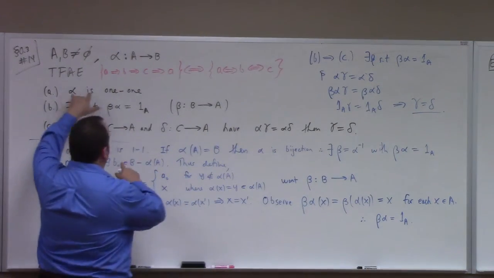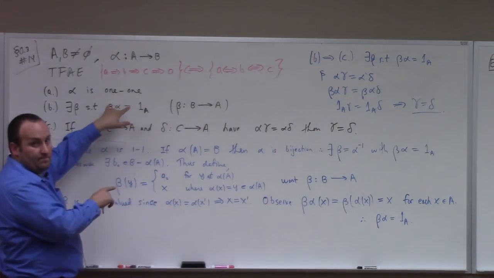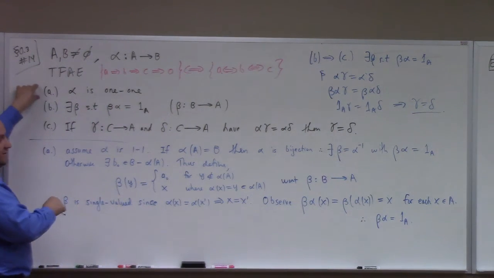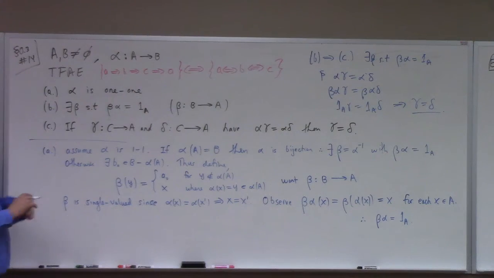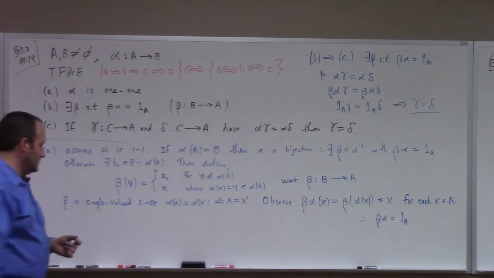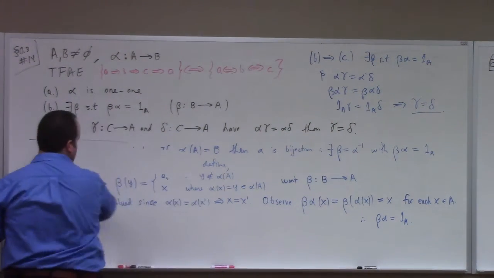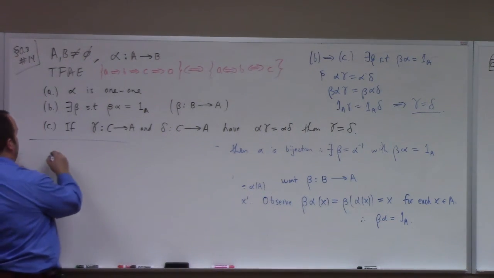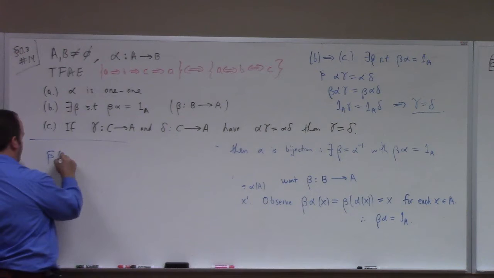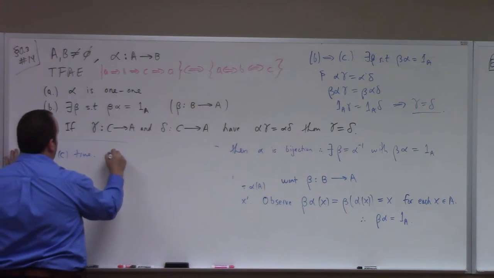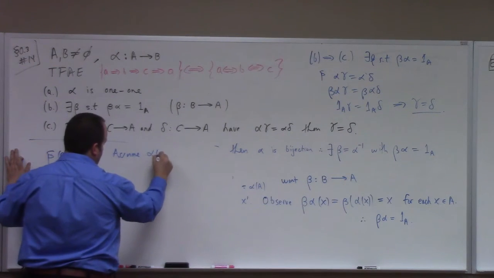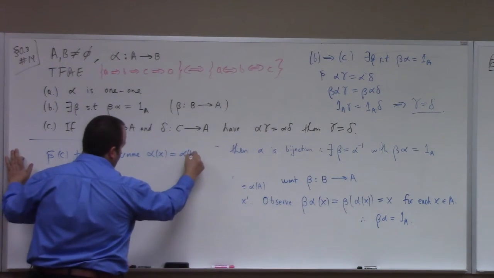So what are you trying to show? Alpha is 1 to 1, right? That's the goal. Suppose C is true, try to show alpha is 1 to 1. And then we assume alpha of x equals alpha of y, right?